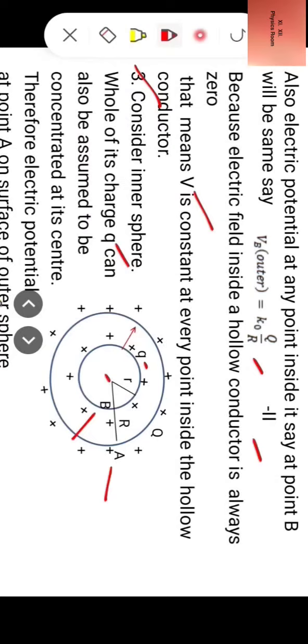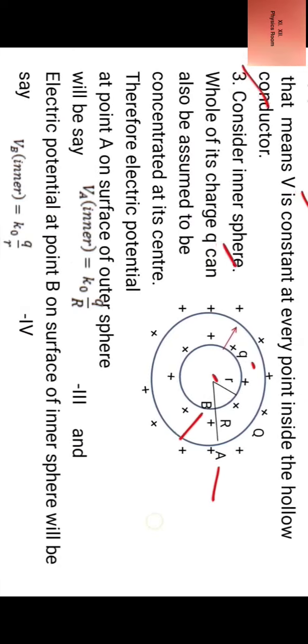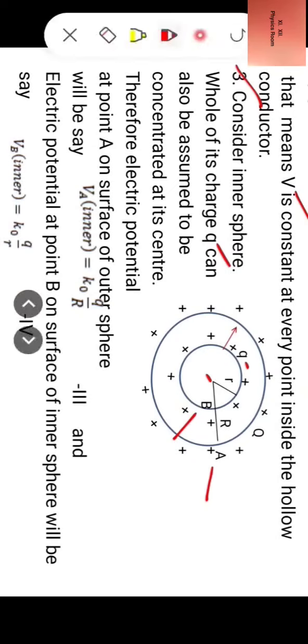Therefore, electric potential at point A on the surface of the outer sphere will be, say, VA inner, that is electric potential V at point A due to the inner shell, will be equal to K naught q by R. Let us mark it as equation 3.